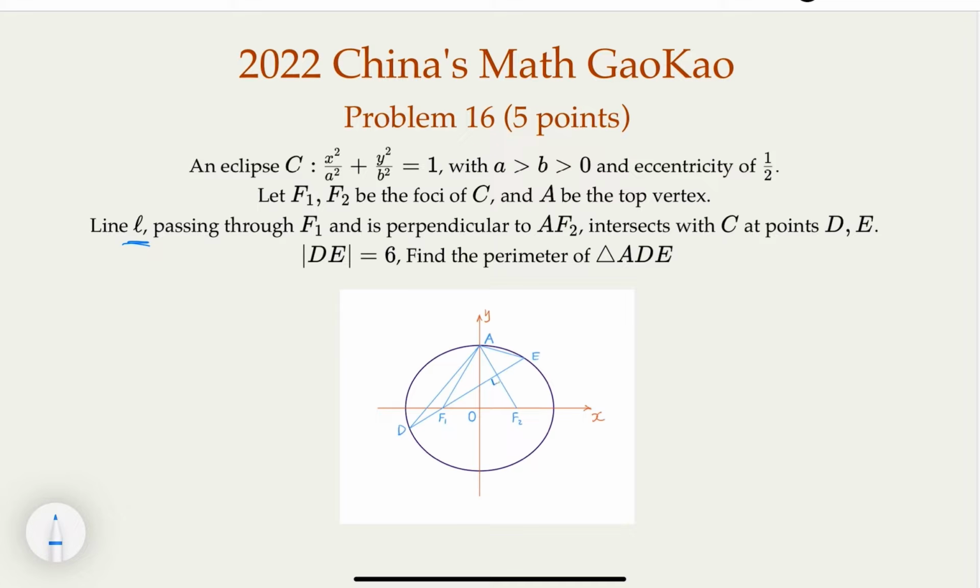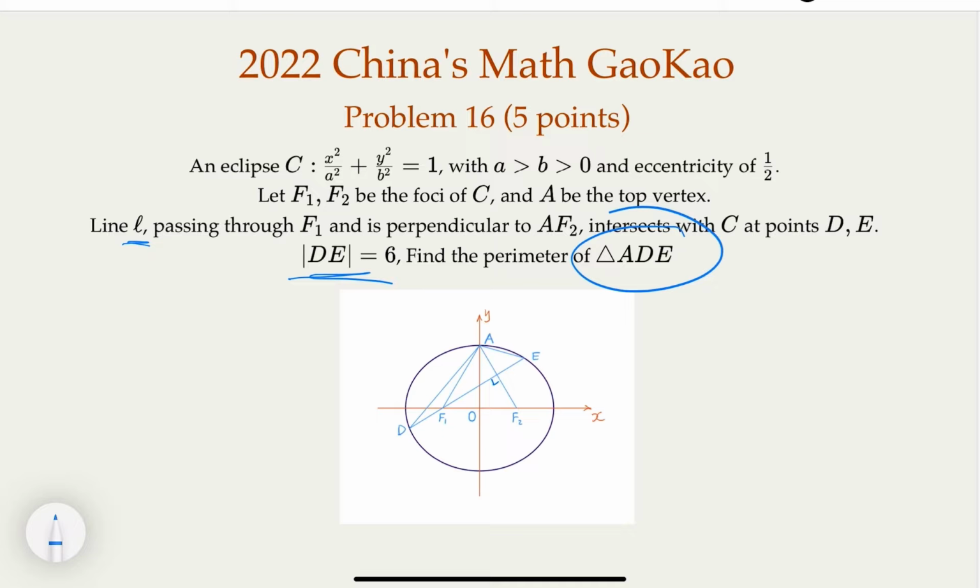This is 90 degrees here, right? And we're given D. We try to find the perimeter of triangle ADE. Again, DE is a line passing through the focal point F1, and this line is perpendicular to AF2. F2 is the other focal point.